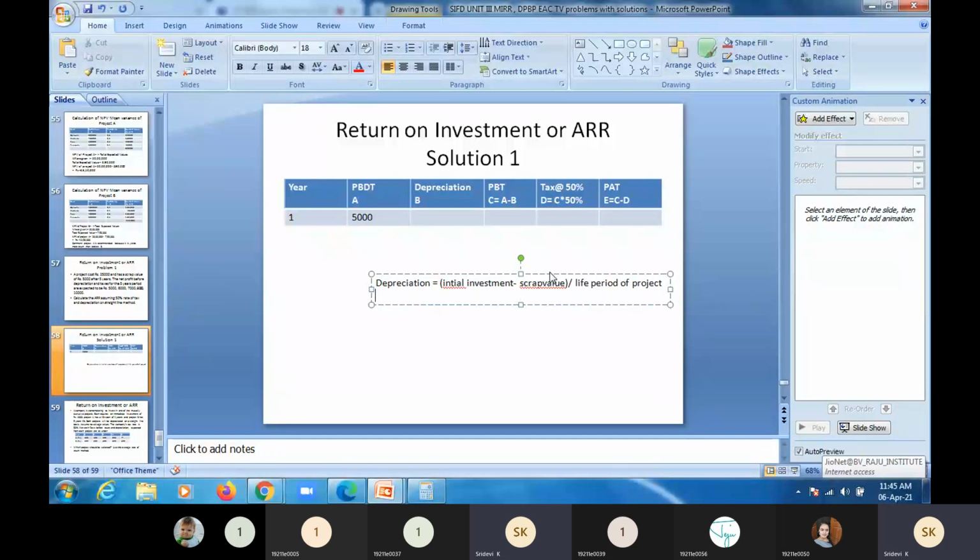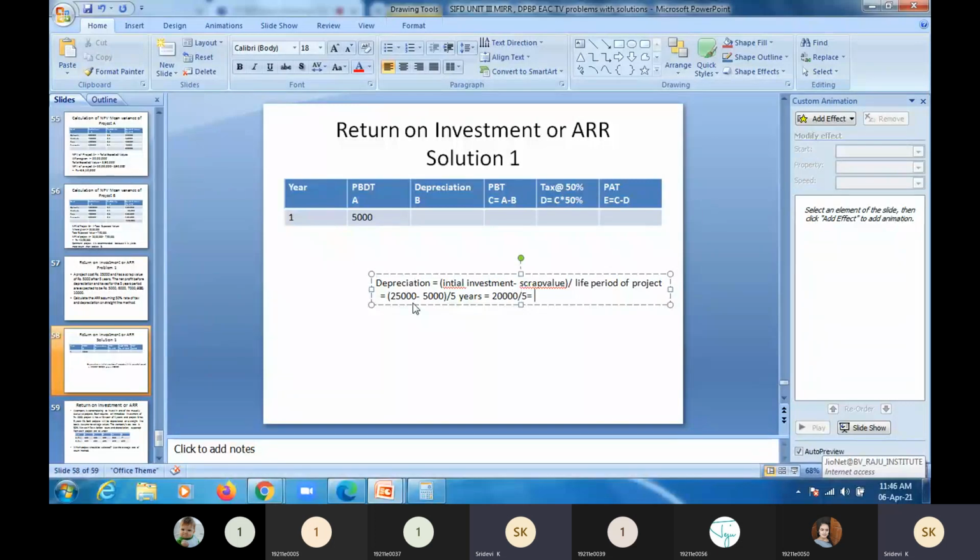So for straight line method, okay. So what is the investment here that is given? 25,000, no? Project cost is 25,000 minus scrap value is given 5,000, and the life period is divided by 5 years. So you will get how much? 20,000 divided by 5.